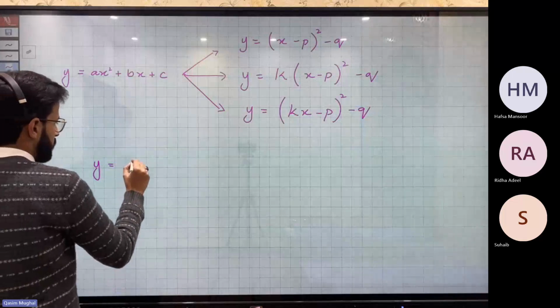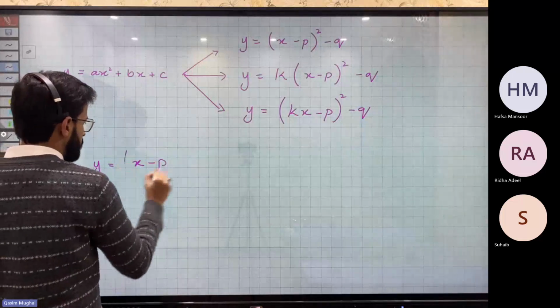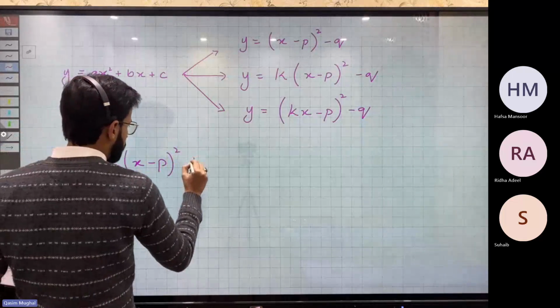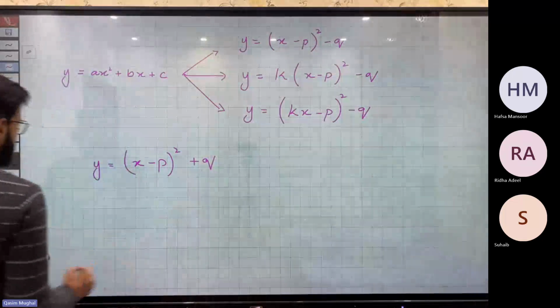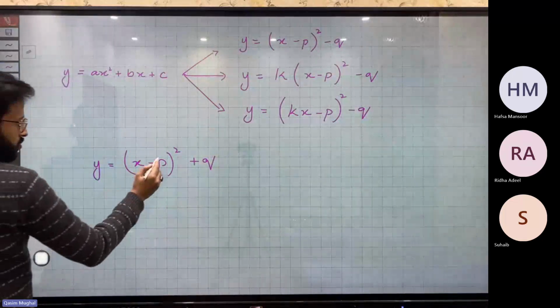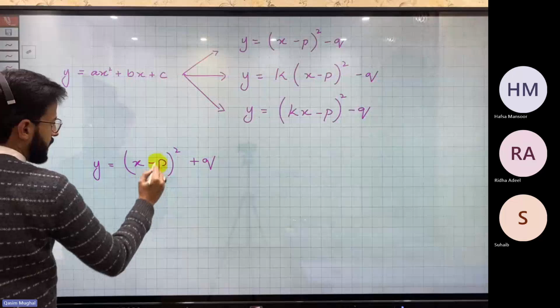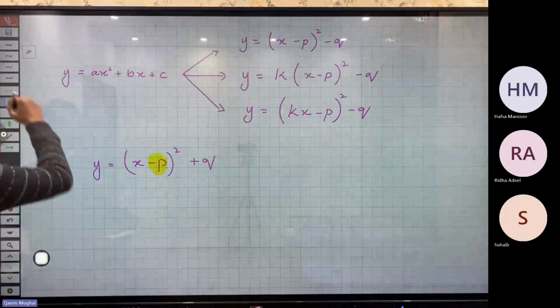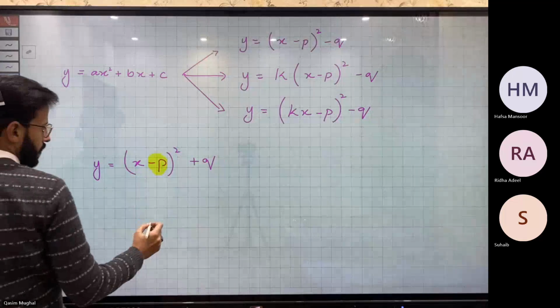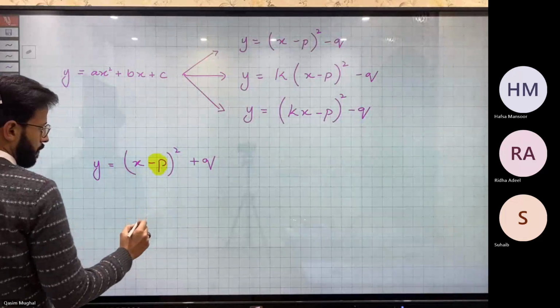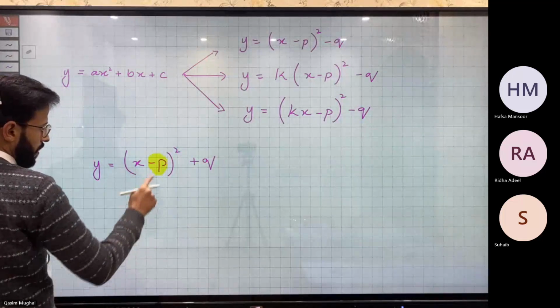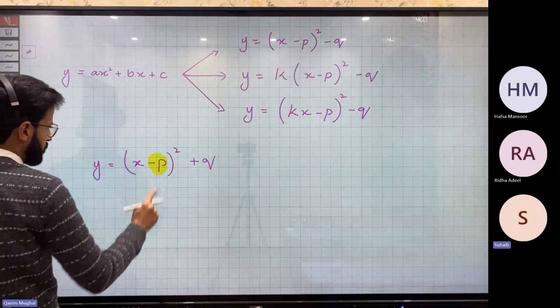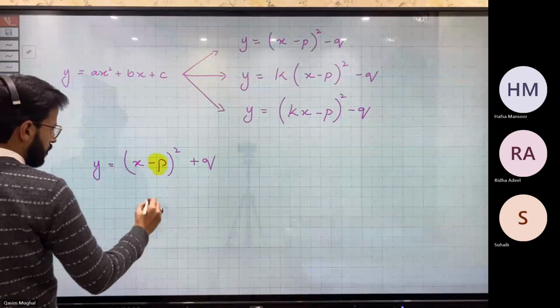So for example, if you have an equation (x minus p) whole squared plus q, this part here, negative p, if I change the sign of it, what will I get? Next, what is the coordinate of the vertex point?